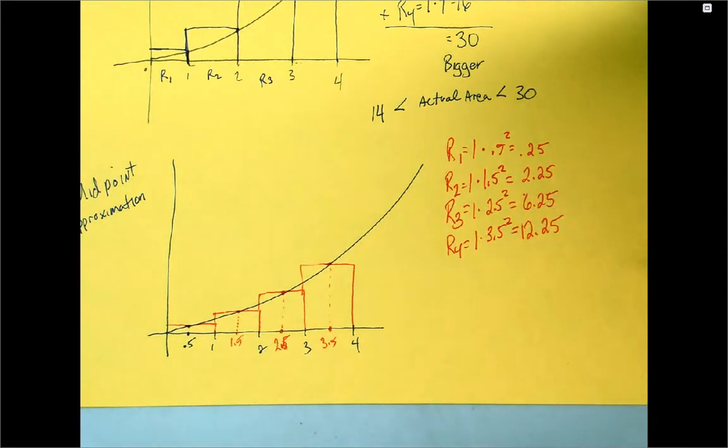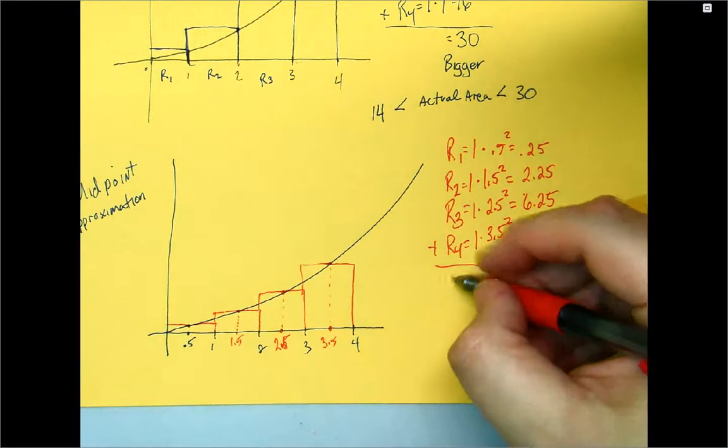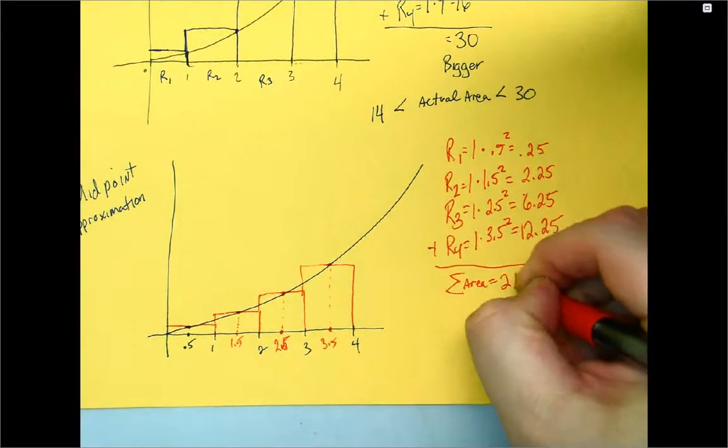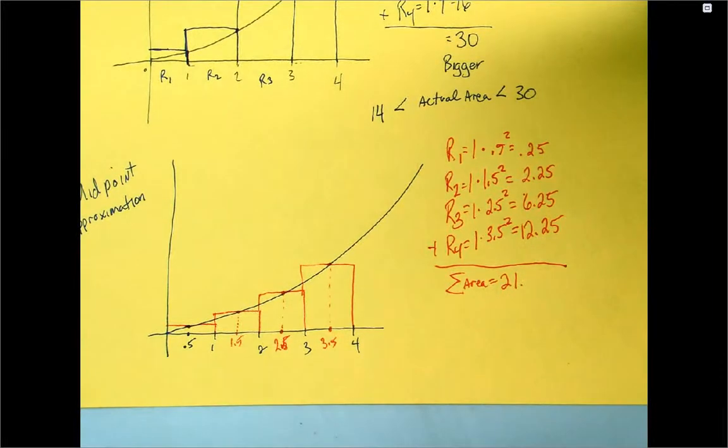Now, if I add up all of these, I get the area to be 21. Which one of the three do you think is the closest one? 21.